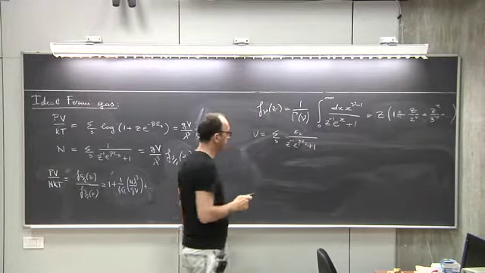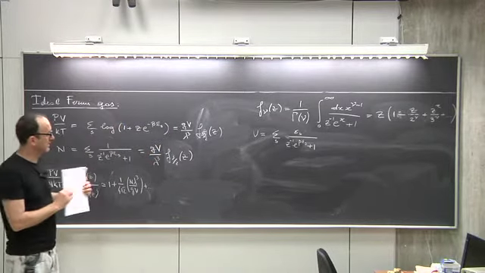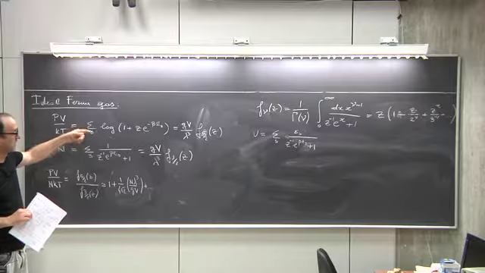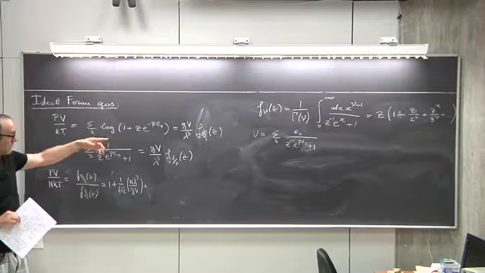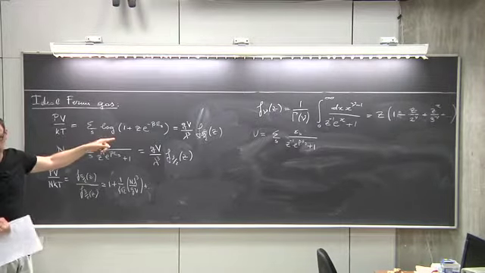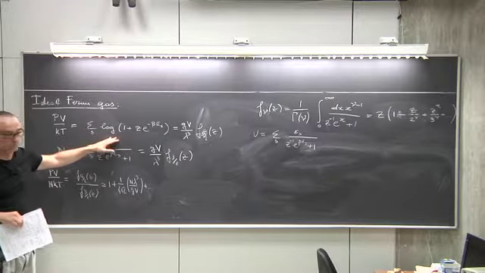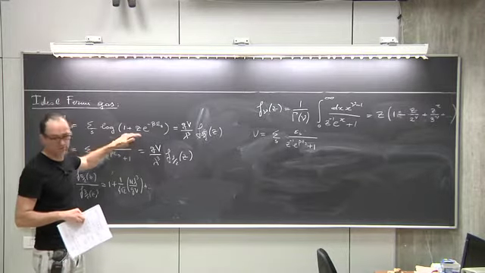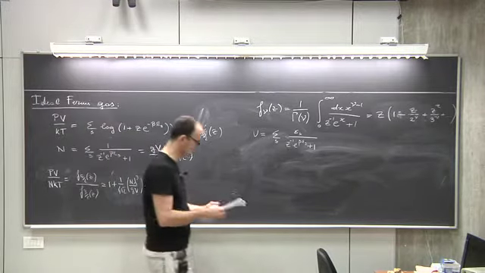And in the end, what you have is essentially that this, when you change the sum over the states into an integral over energy, leads to the same integral as the one you have here. The only thing is that there is a factor 2/3 missing.